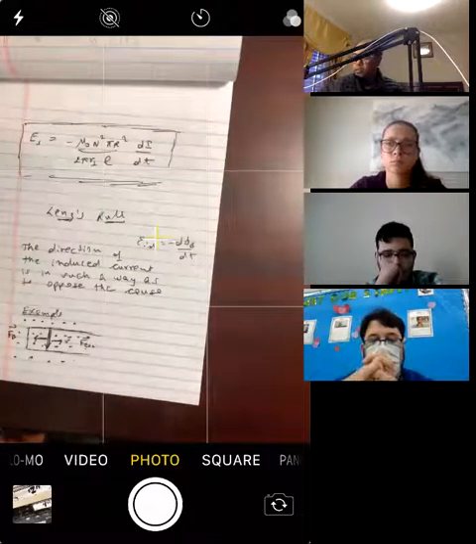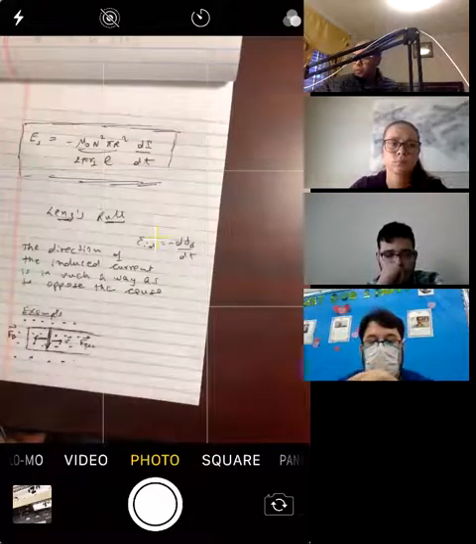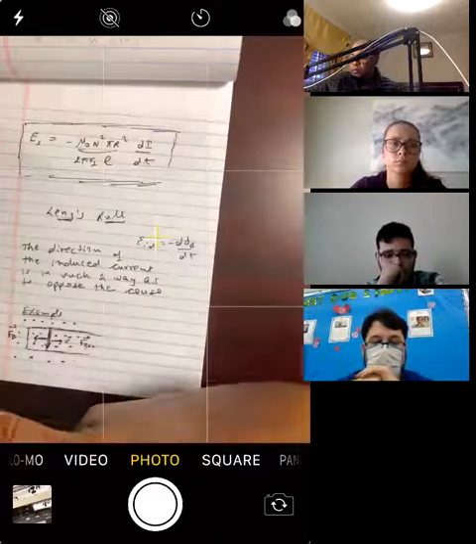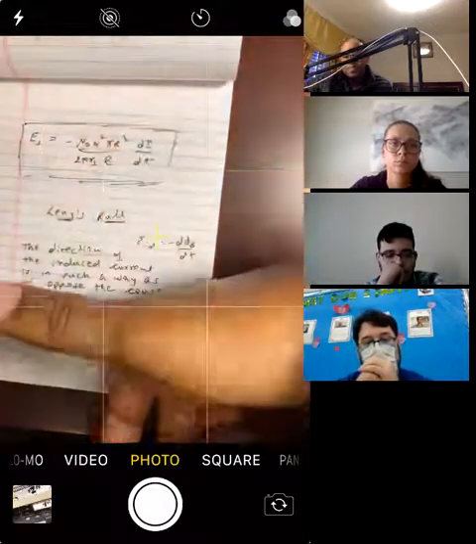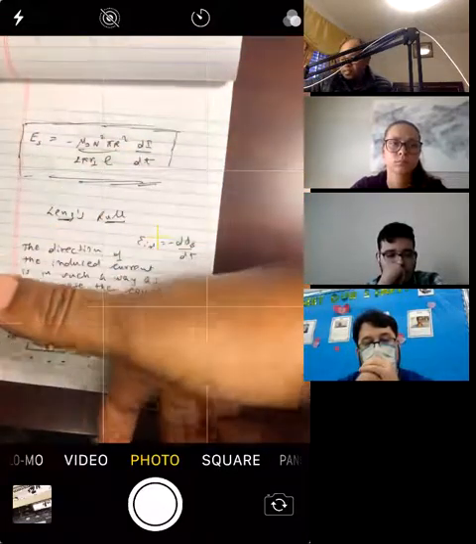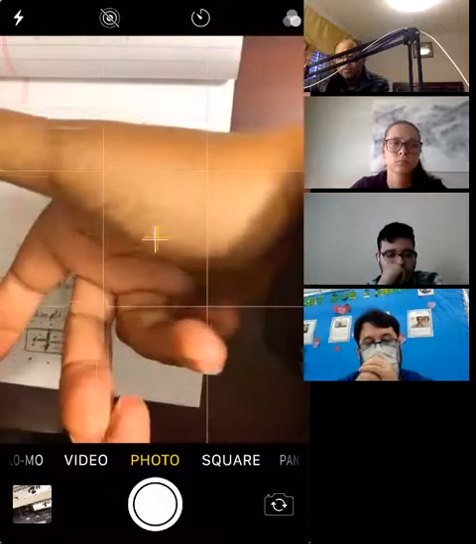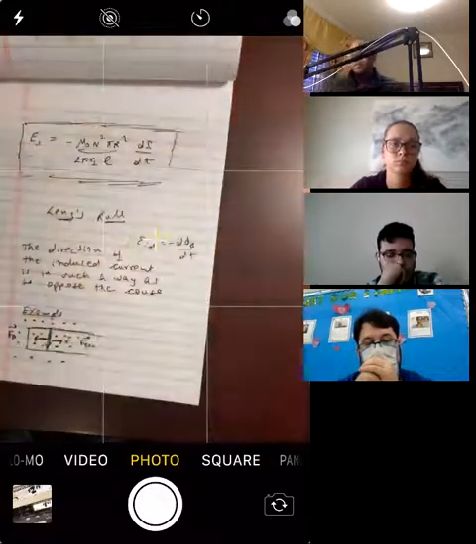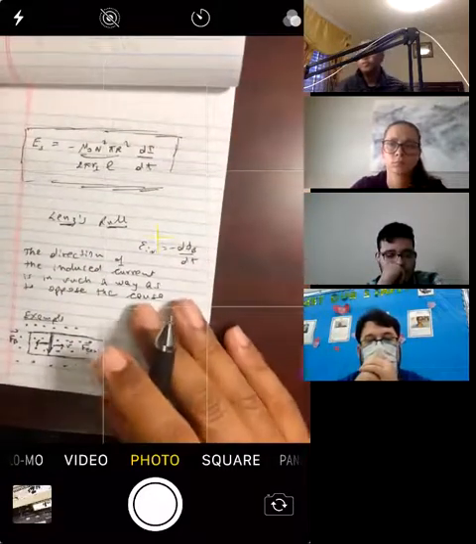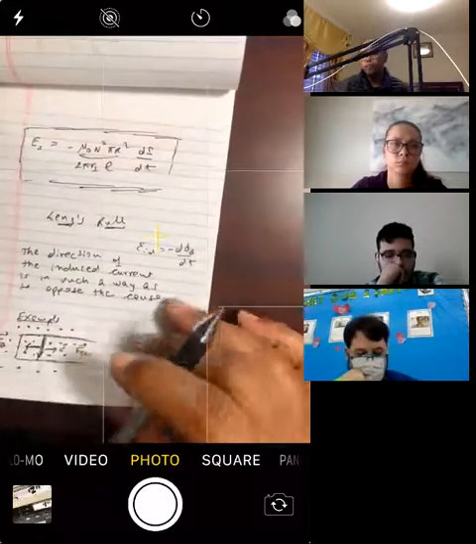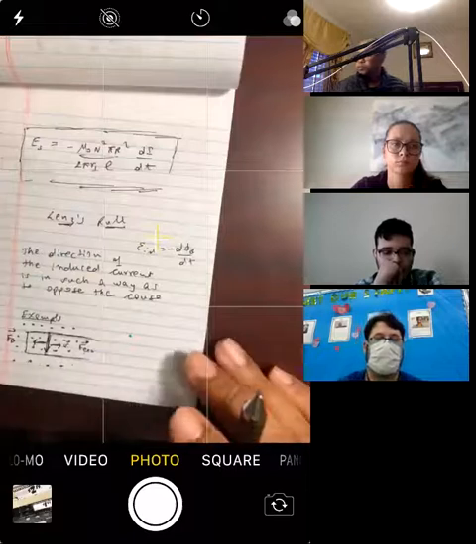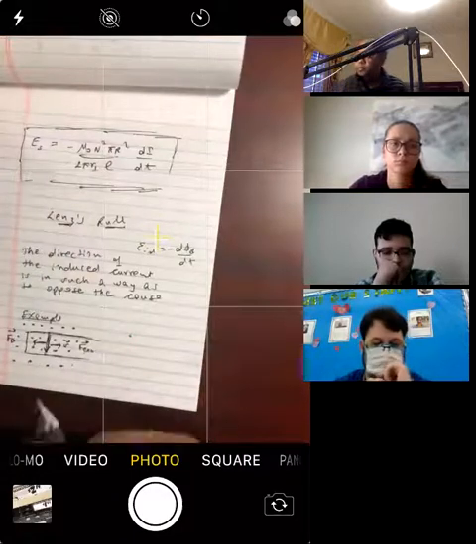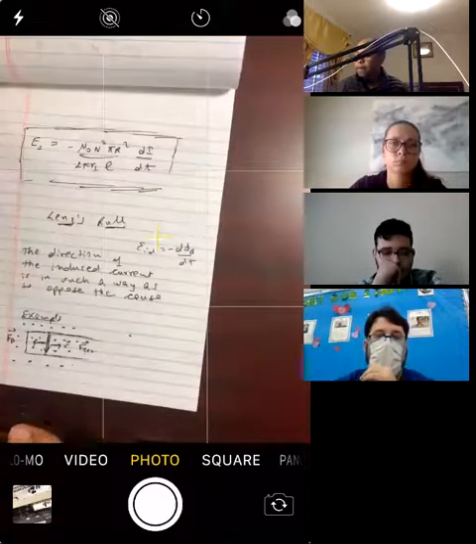This is the force, this is the middle finger, the magnetic field, and then the current goes down. That way you can determine the direction of the current. In other words, the direction of the current is clockwise over here.